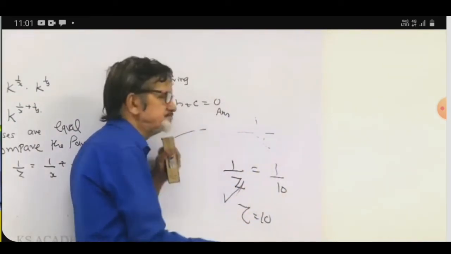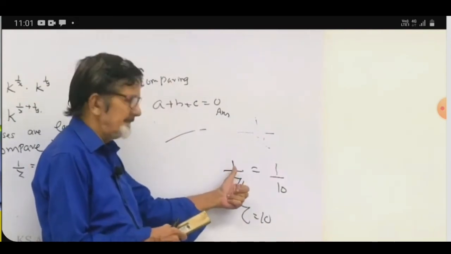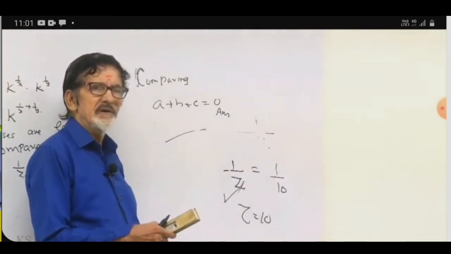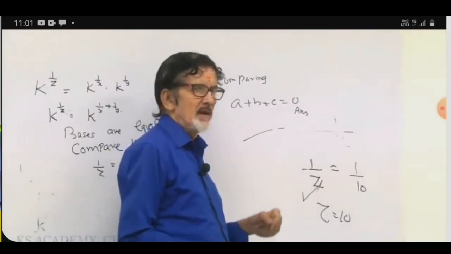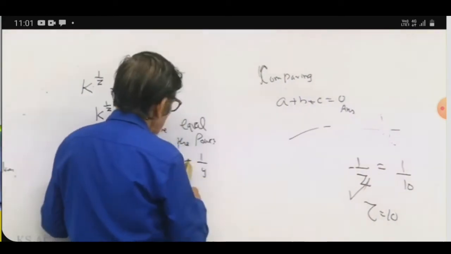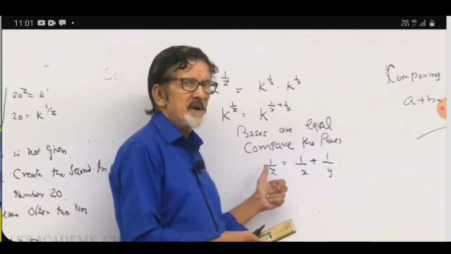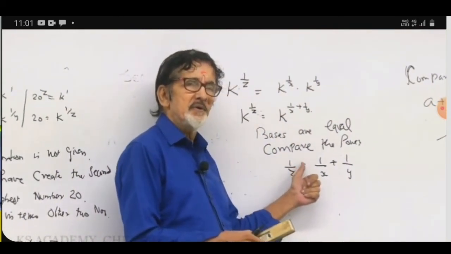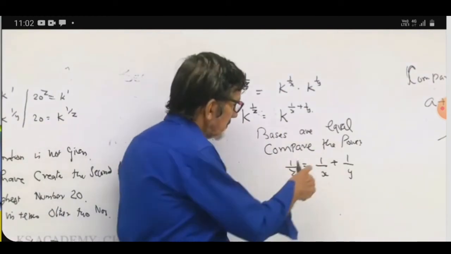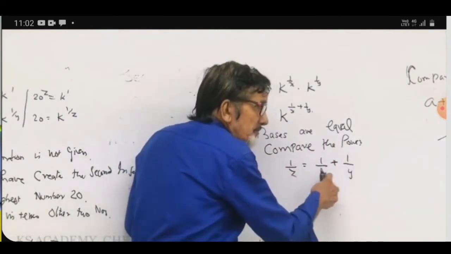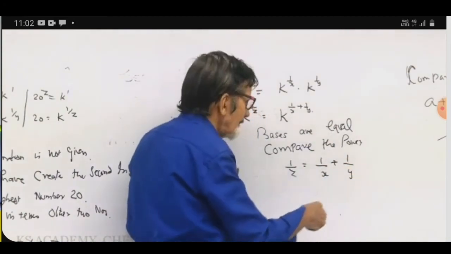Here inversion is allowed: left hand side single, right hand side single fraction. Here there is an addition of two fractions: left hand side single, right hand side two fractions. You cannot invert. You have to make it a single fraction.